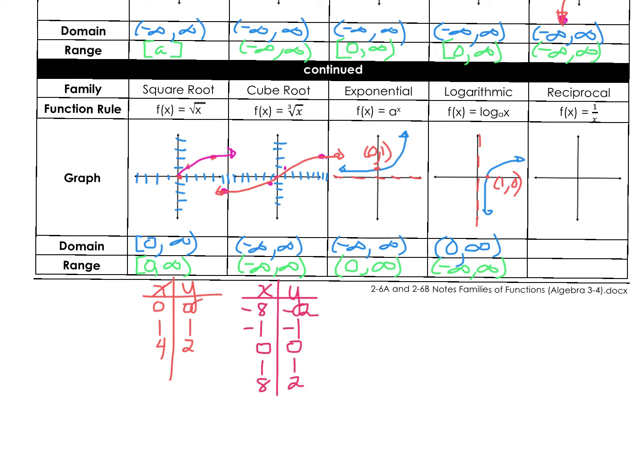All right, then the final function, so I guess we only did 10 parent functions, is called the reciprocal function. And it means you're going to take 1, and for the parent function, this is going to remain 1, and divide it by an x value. Remember, the only thing that you cannot let x be is 0.